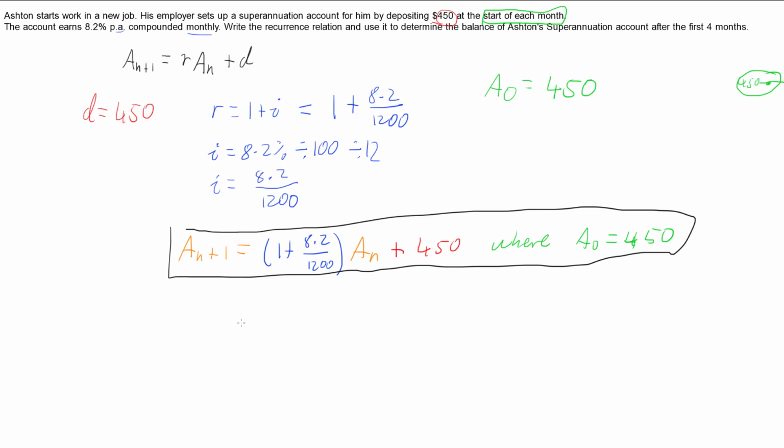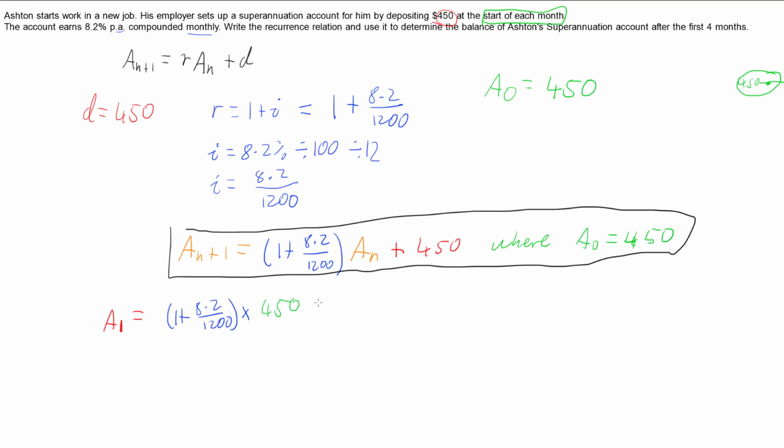So we are going to look at using this rule. At the first month, A1, we're going to have, following our rule, 1 plus 8.2 over 1200 multiplied by the previous month. And if we're at A1, the previous month is A0. So we have multiplied by 450.